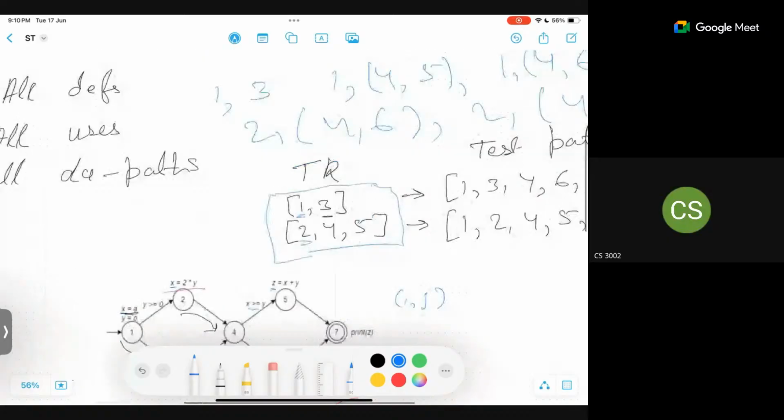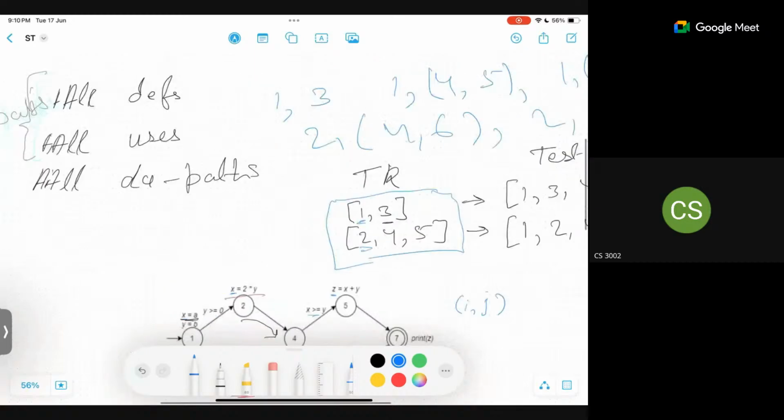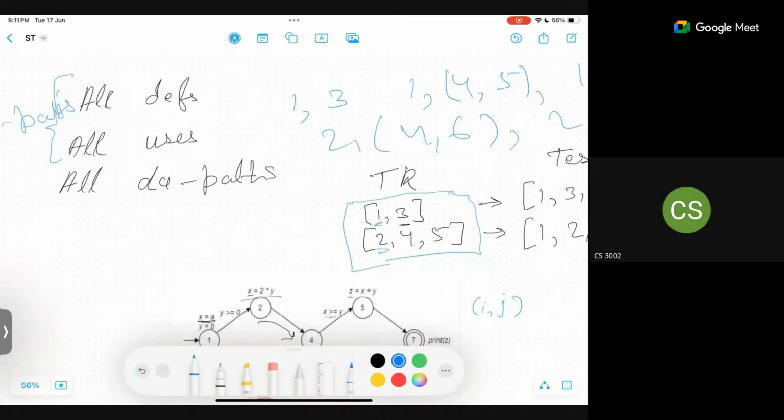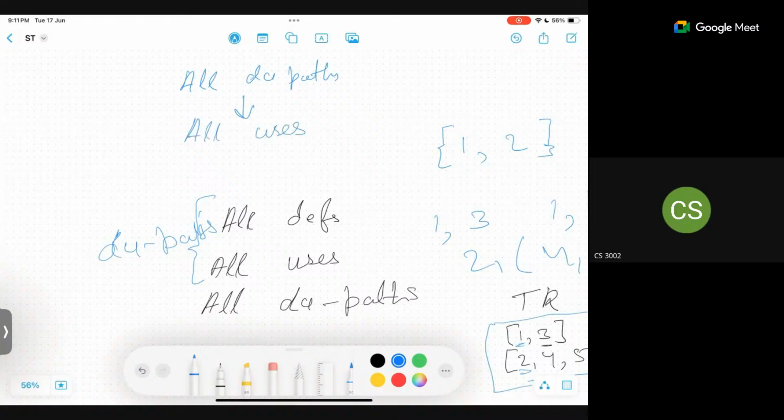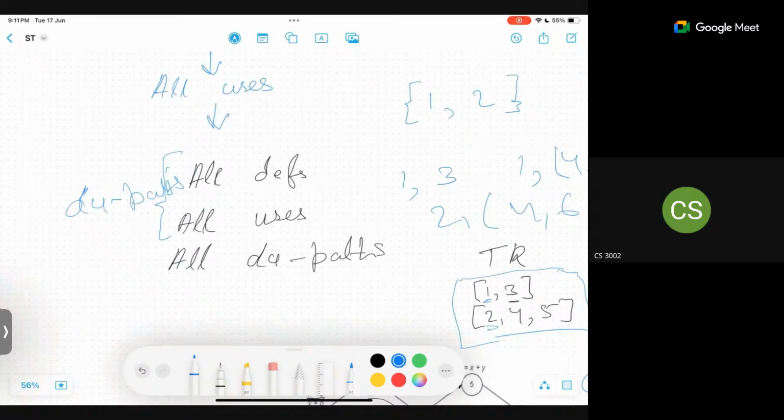All uses subsumes all defs. That's why it says all uses actually subsumes all defs.